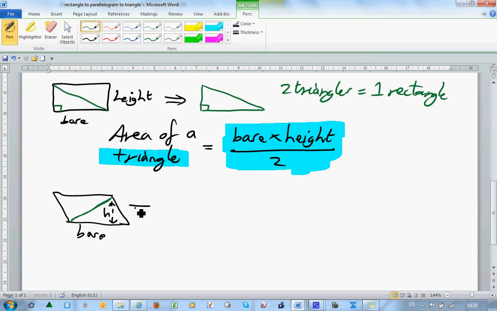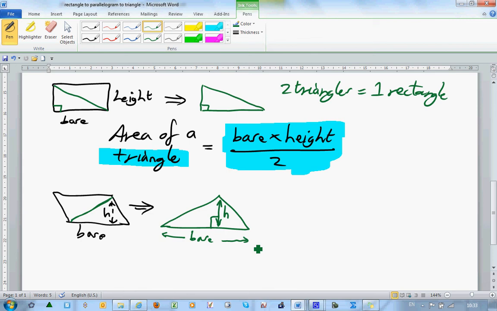But look what we've got. That's the height, and again, that's that perpendicular height, the height that goes straight up and down. Here's the base. So we have a base and the perpendicular height. But what is the area of the original parallelogram? Well, from what we saw before, the area of the parallelogram is base times height.